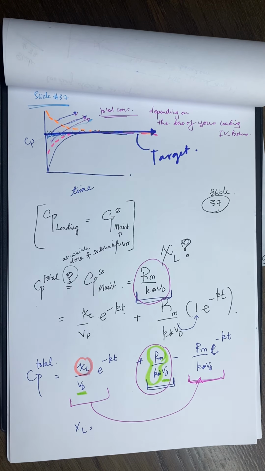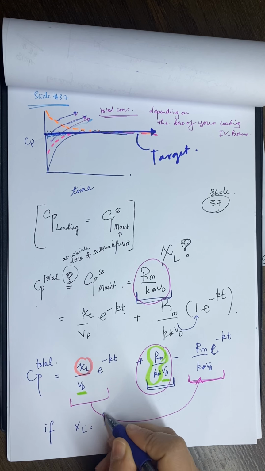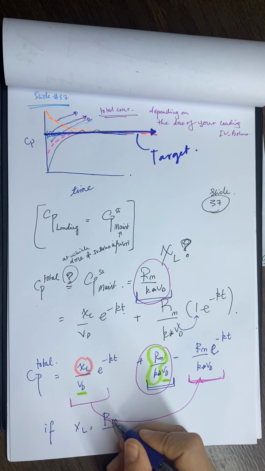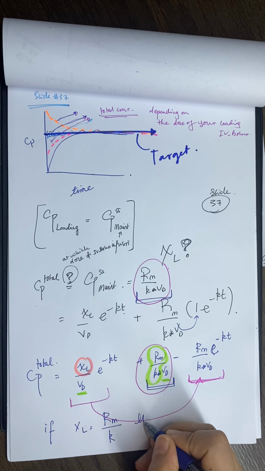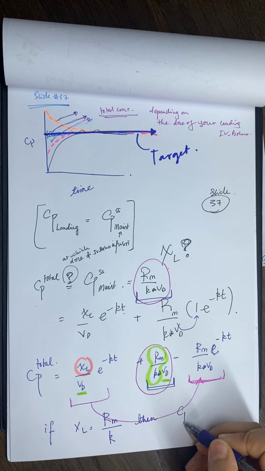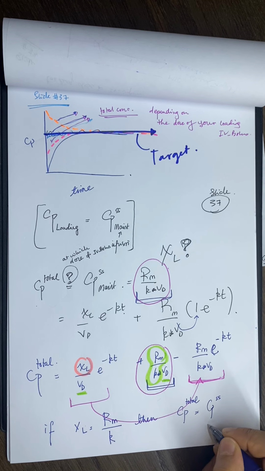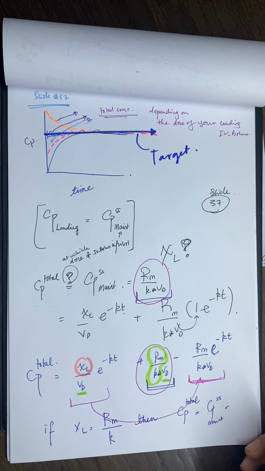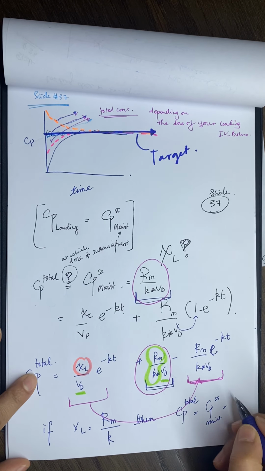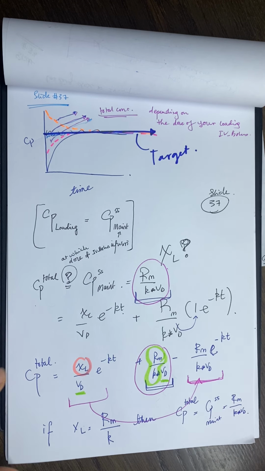This is the difference, so you can take this out with this. If your loading dose equals the infusion rate over K, then according to this, CP total will be equal to the steady state of the maintenance, which will be equal to R maintenance over K multiplied by VD.